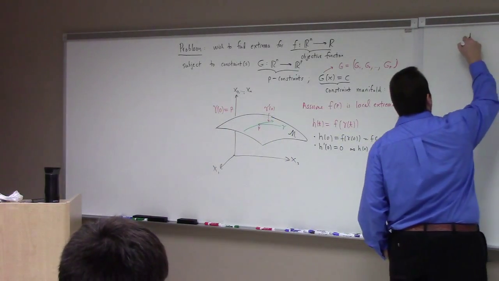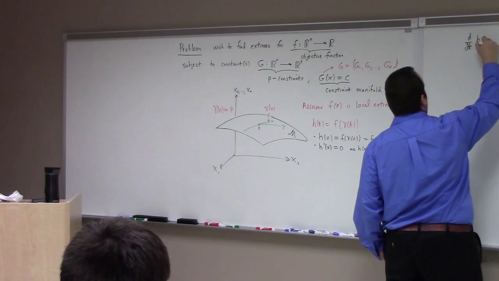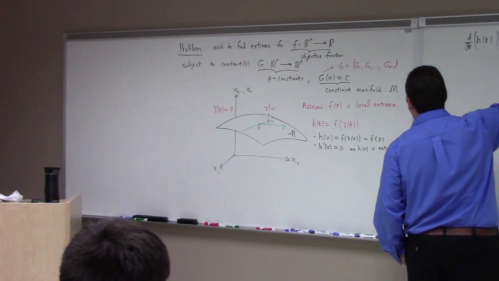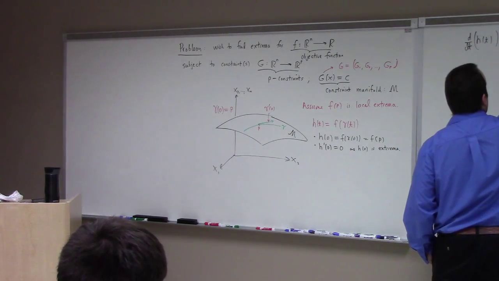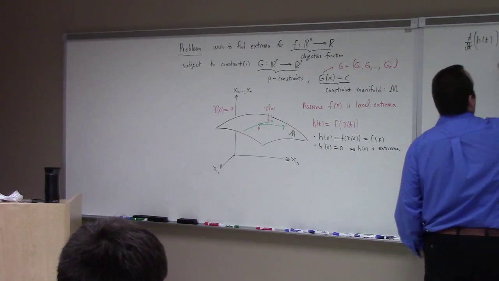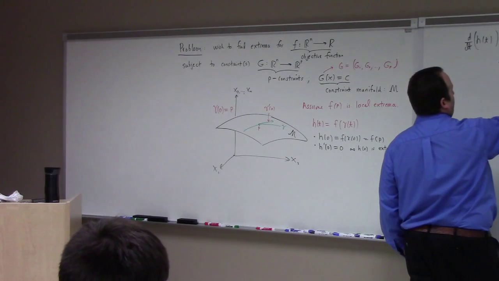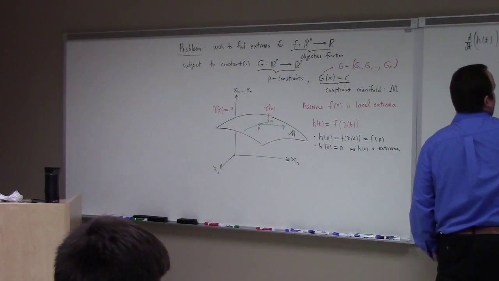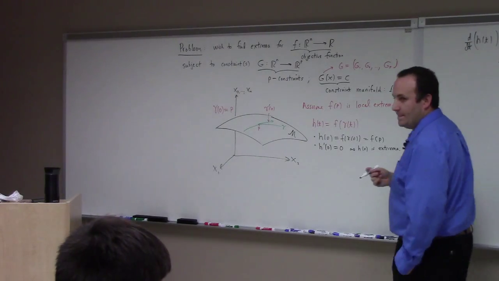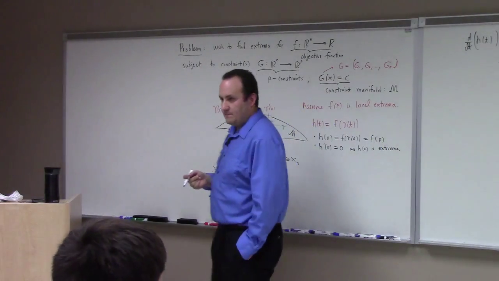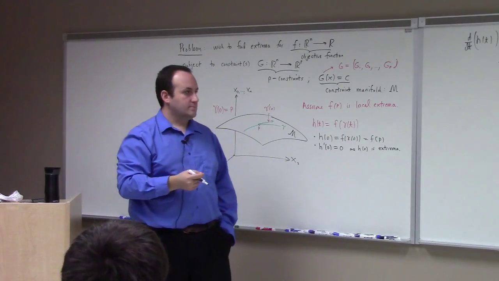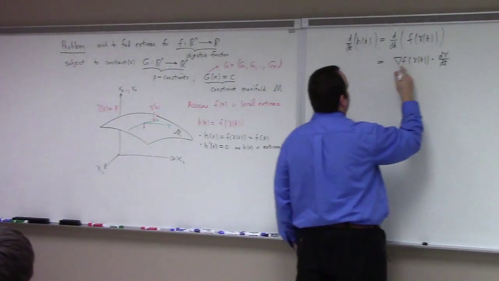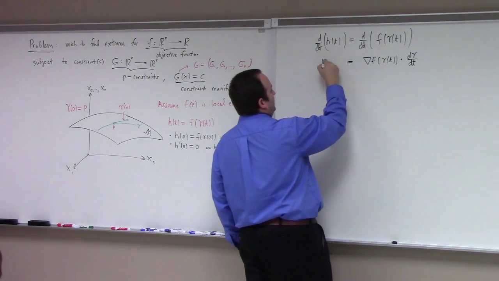But what else do you know? What's d/dt of h of t? That's the gradient of f at the point gamma of t dotted with d gamma/dt, by the chain rule. That's h prime of t.